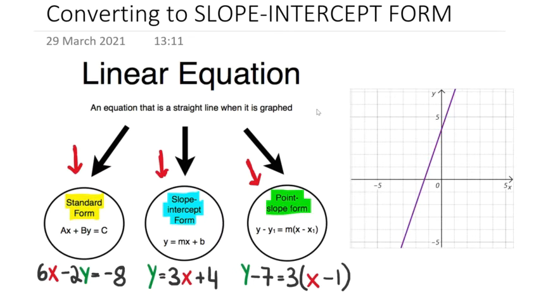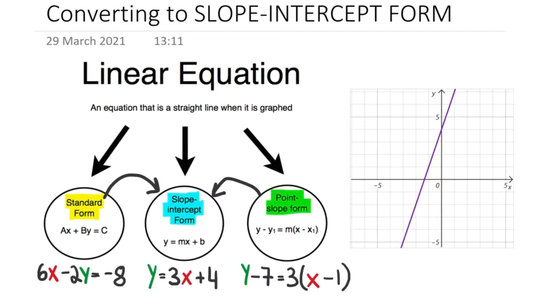But the problem being is that we cannot graph Standard Form, and we cannot graph Point Slope Form. But what we can do is convert these forms into Slope Intercept Form.